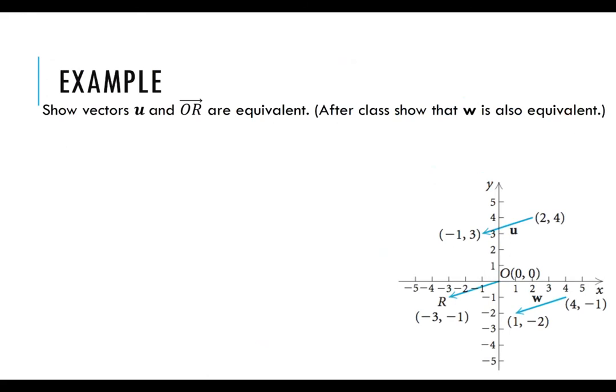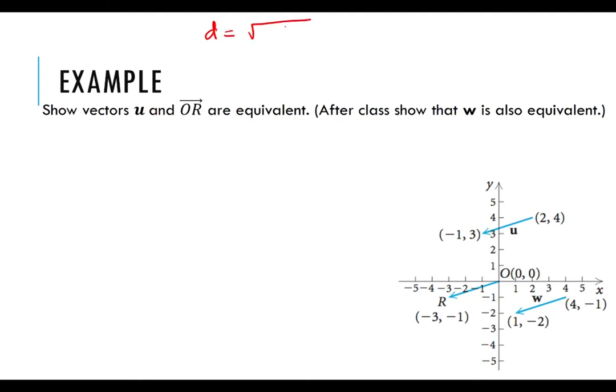Now, since we have this idea, let's show that vectors U and OR in our image here are equivalent. And so afterwards you can show yourself that W is equivalent to those as well. But we're just going to do U and OR. Now, if I want to show that they have the same magnitude, that's just length, and I have a distance formula.